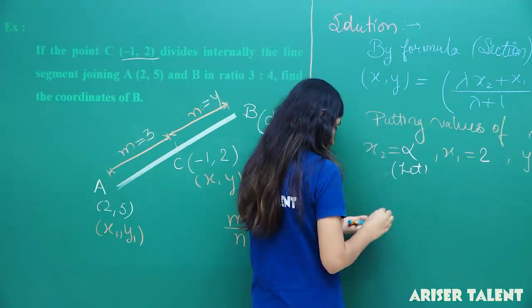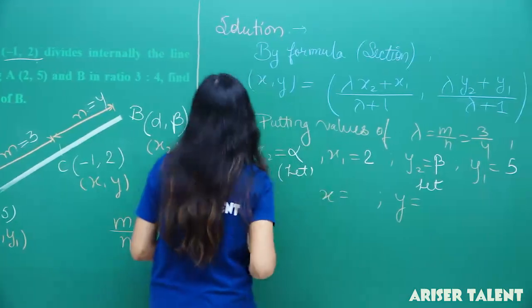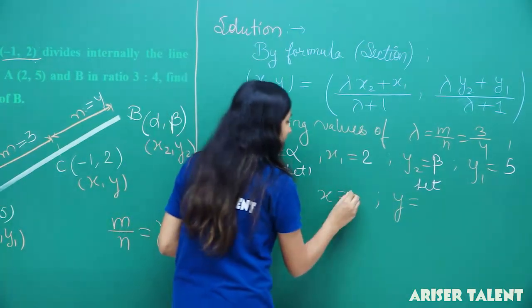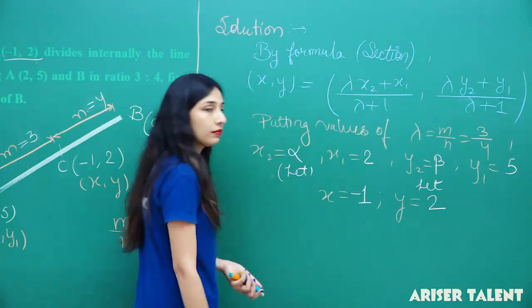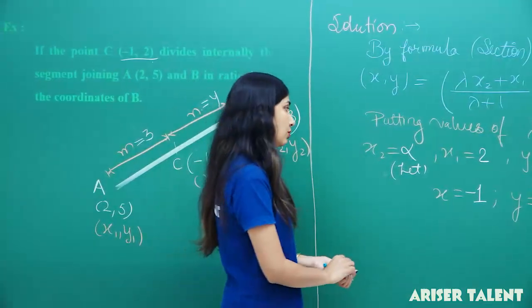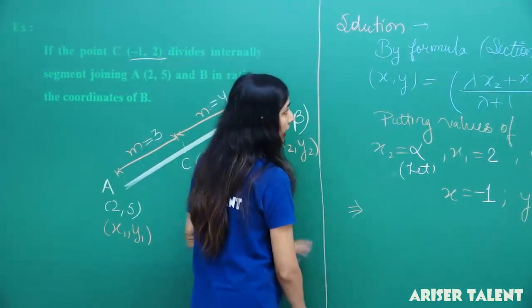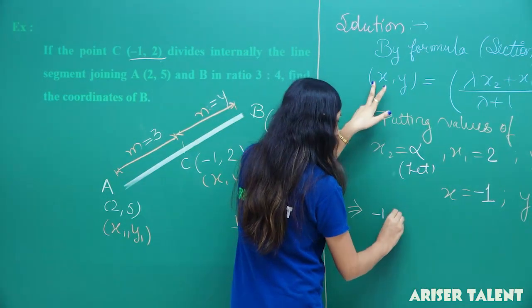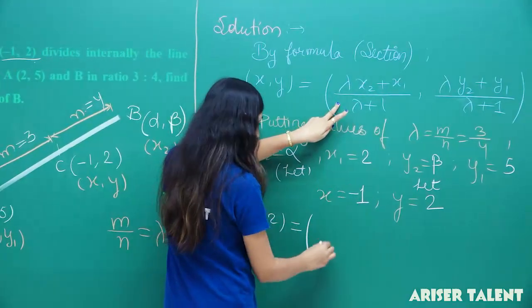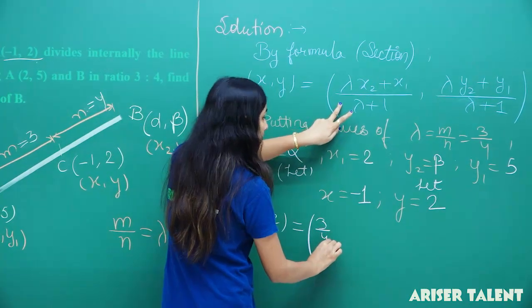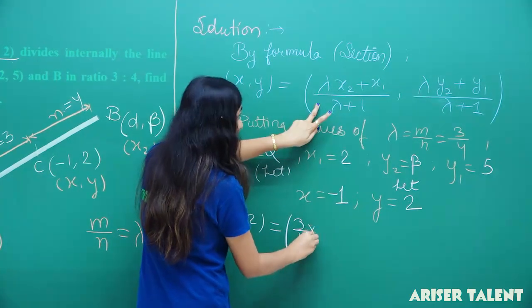Now the value of x and the value of y are also given. What are the values of x and y? Here it's minus 1 and positive 2. So we are having all these things. So what we'll do? This implies that x and y, so x is minus 1 and comma 2, will be equal to lambda, which is 3 by 4, multiplied by x2.